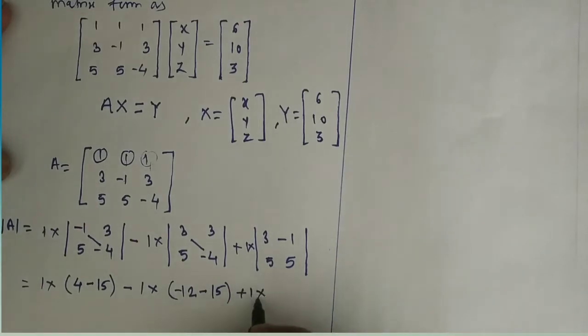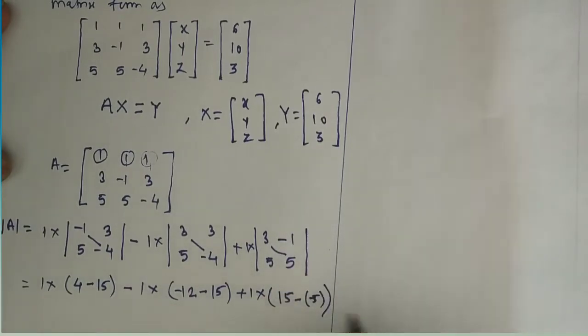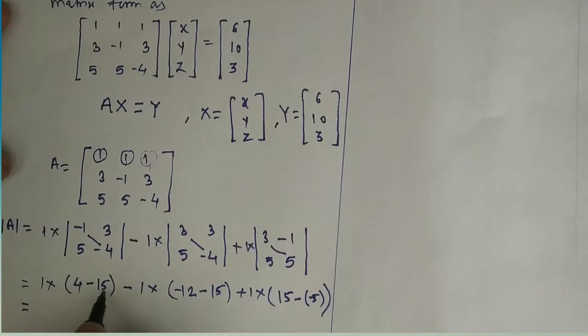Now plus 1 into 3 5s are 15, and minus 1 times 5, 5 into minus 1 is minus 5. So this can be solved like this: 4 minus 15 is minus 11. Bigger number contains the minus sign, so this is minus 11 into 1, which is minus 11.